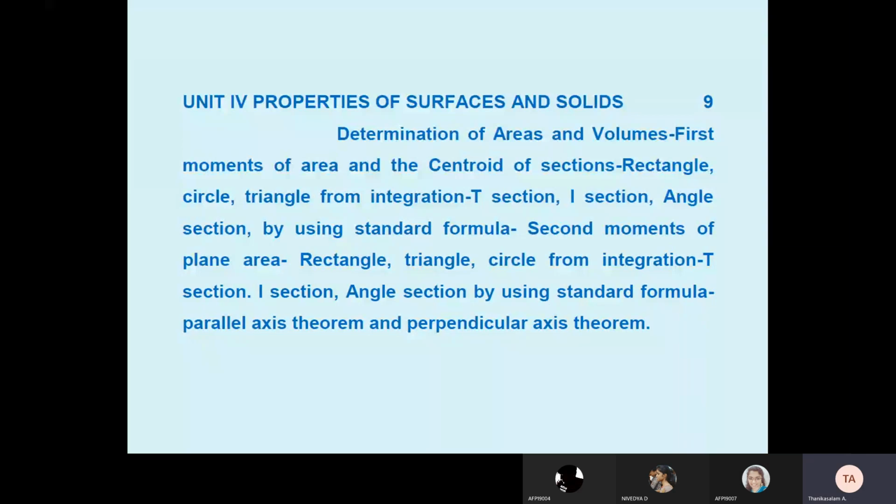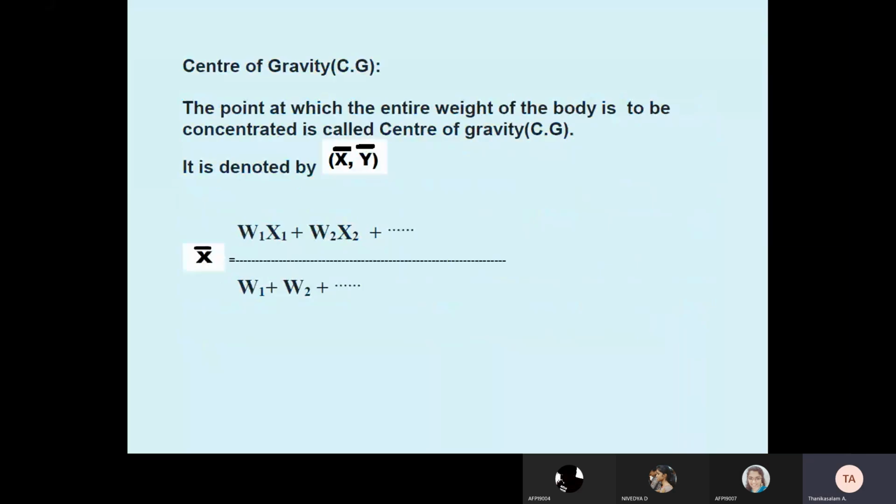Okay. So now we are going to discuss what is center of gravity. The point at which the entire weight of the body is to be concentrated is called center of gravity. Simply say CG. Here CG means center of gravity, not computer graphics. Students, in this subject, CG means center of gravity.